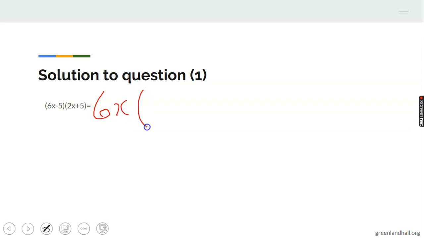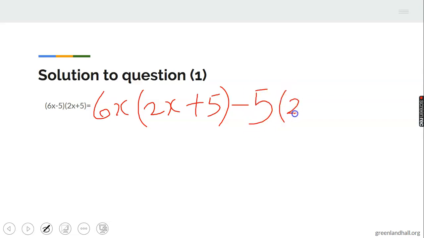6x into 2x plus 5. Now, there's a negative sign attached to this 5. The negative sign will be outside, and you have 5 into 2x plus 5. So we now open the bracket. When you do that, 6 multiplied by 2 will give us what? 12.